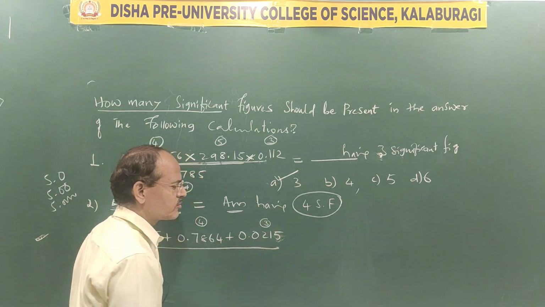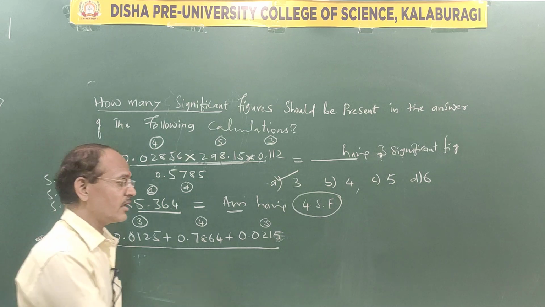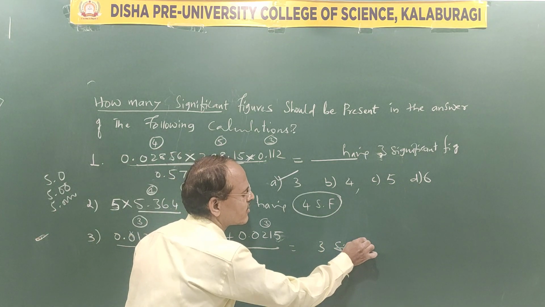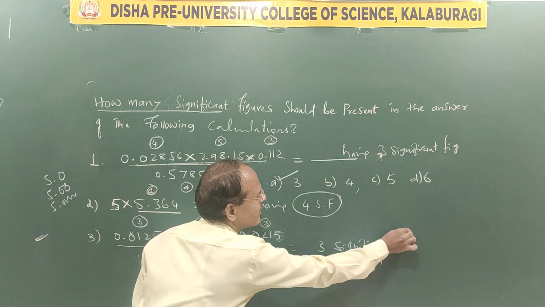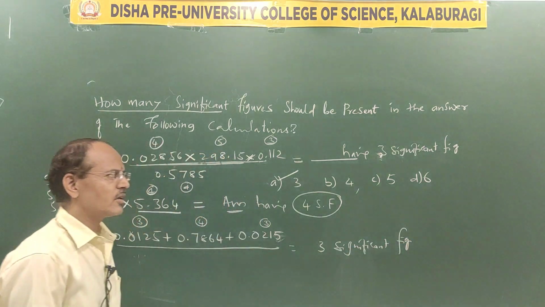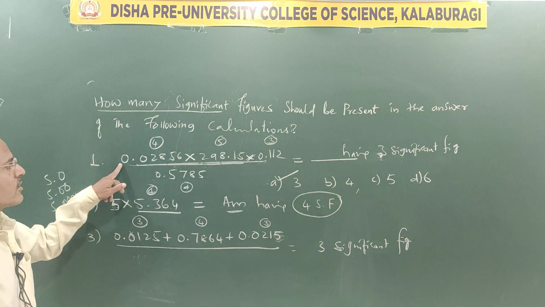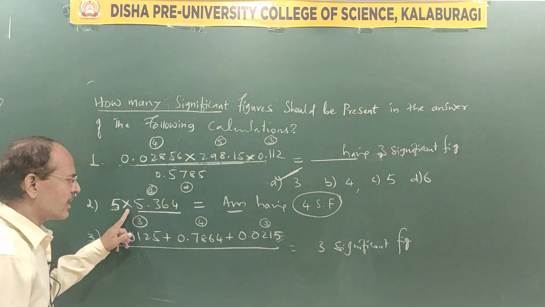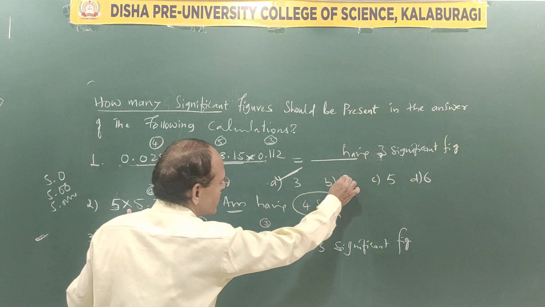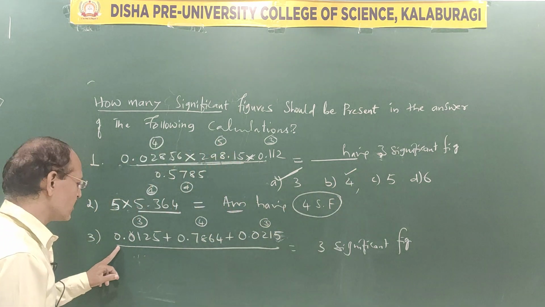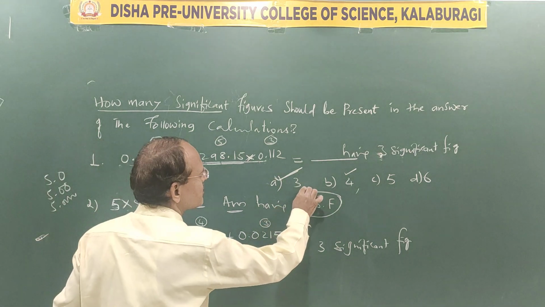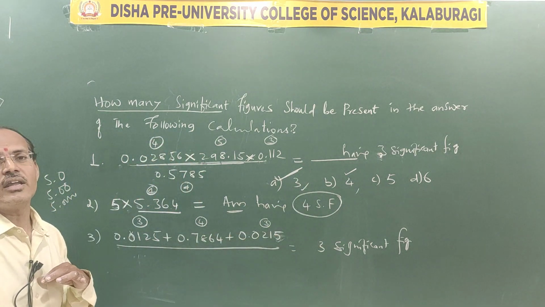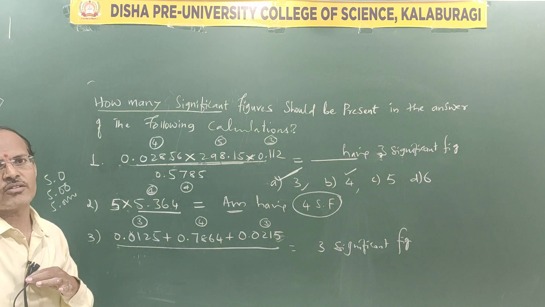Now the answer has 3 significant figures. So in the first question, answer is A. In the second question, answer is B. In the third question, answer is again B. This is how they are giving it in the NEET or KCET examinations.